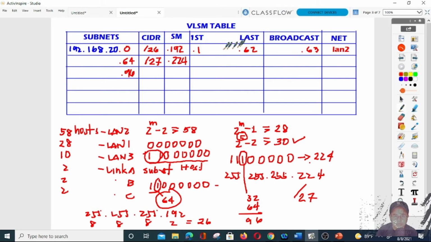And then the host range, the first usable is from this subnet 64, so this is .65, up to 94, which is the last usable. 95 is the broadcast, because the broadcast is always the number before the next subnet.